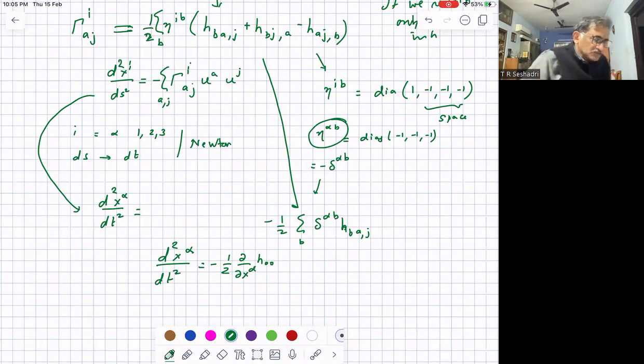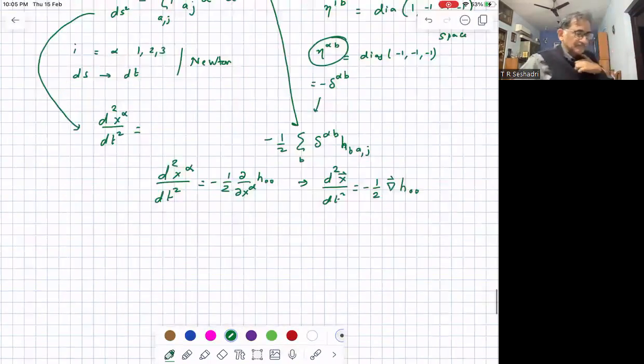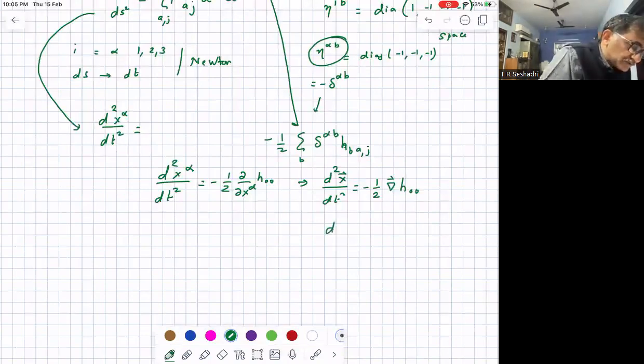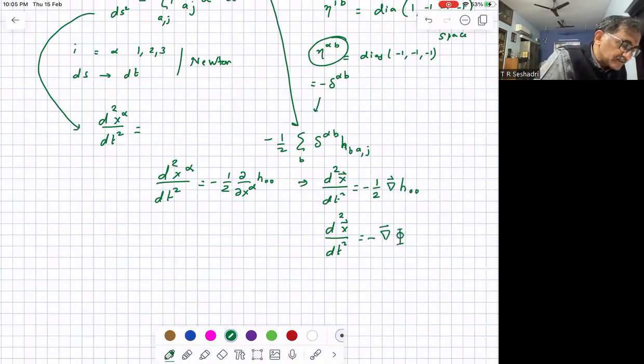Yes. So what does this mean in the usual three-dimensional vector notation? d2x by dt square is equal to minus half gradient of h00. But I know from Newtonian equations that this, in the presence of gravity, is minus gradient of the gravitational potential.